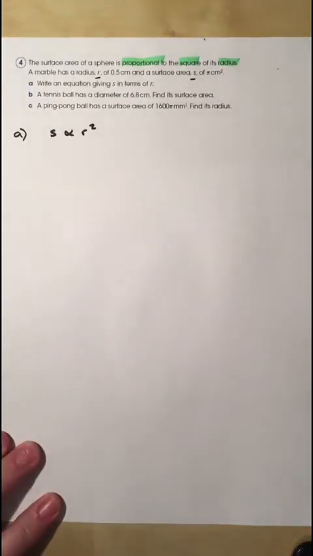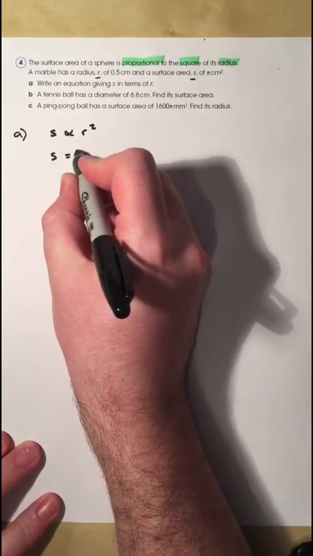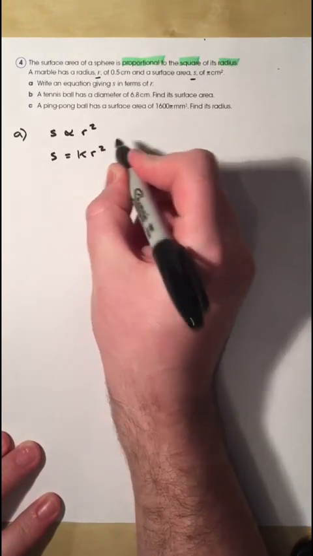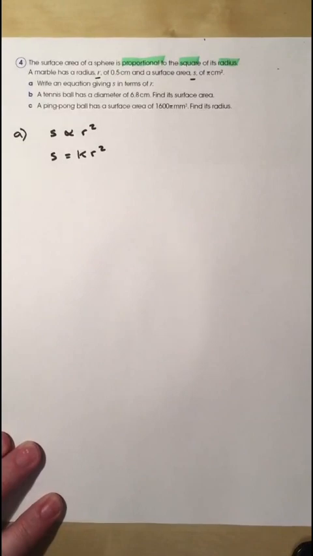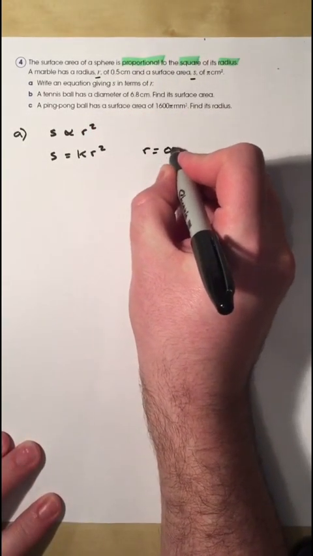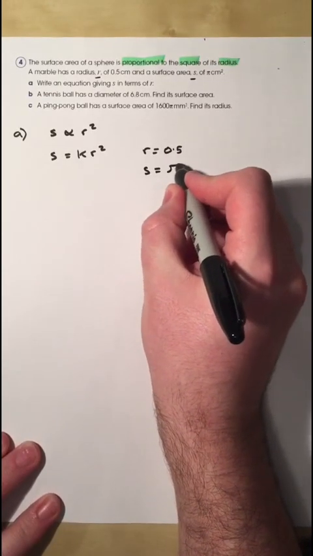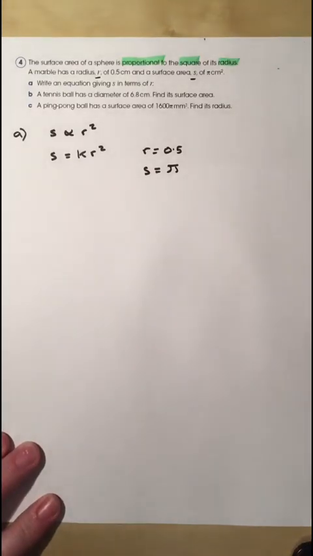Part A asks us to write an equation. So we rewrite the proportionality symbol as equals K R squared. It says in the question that R equals 0.5 centimeters when S equals pi. Pi is just a number, you can use it like that.